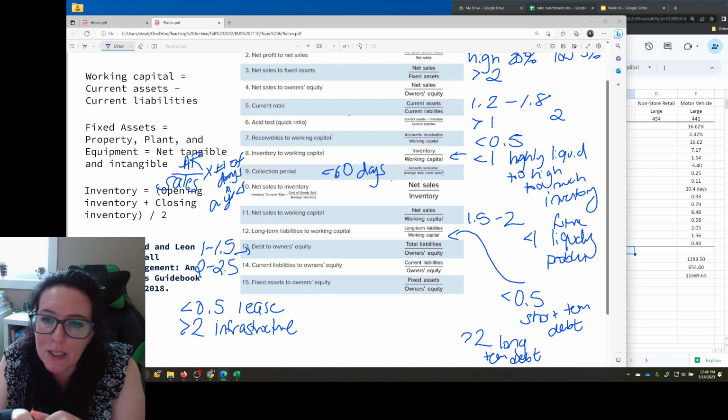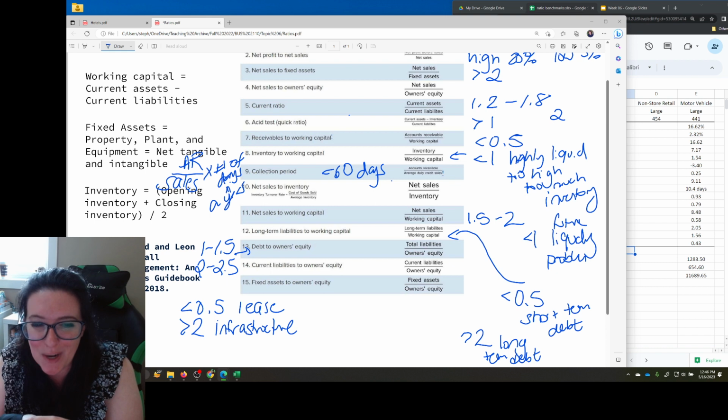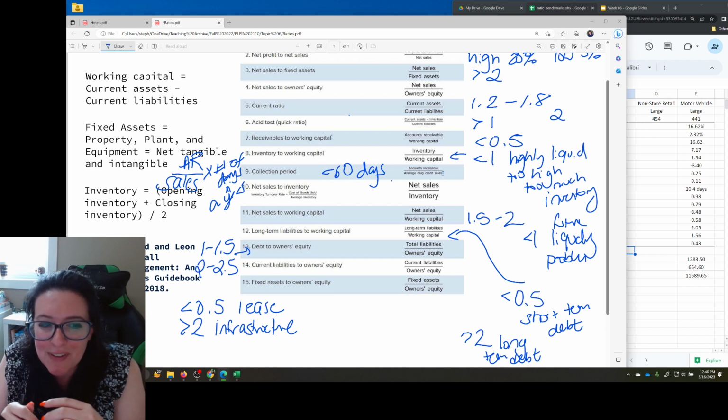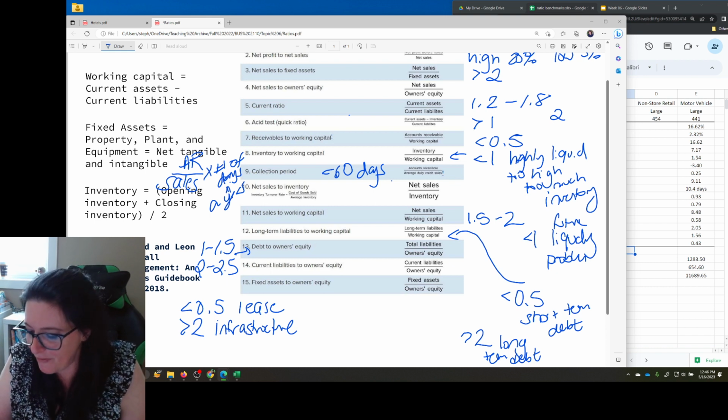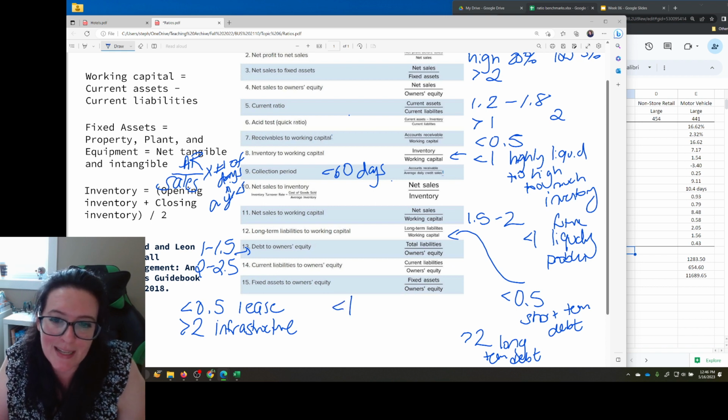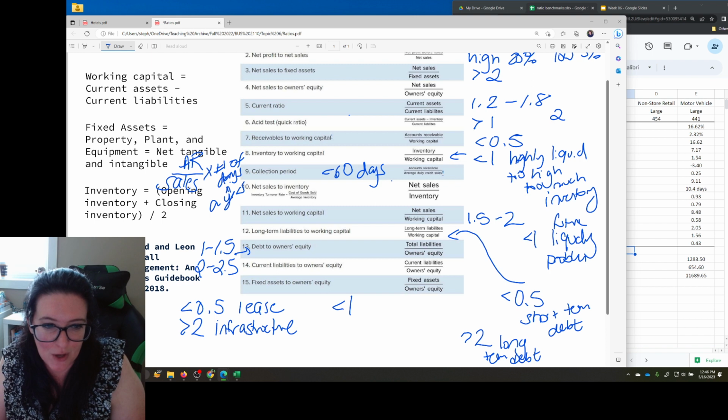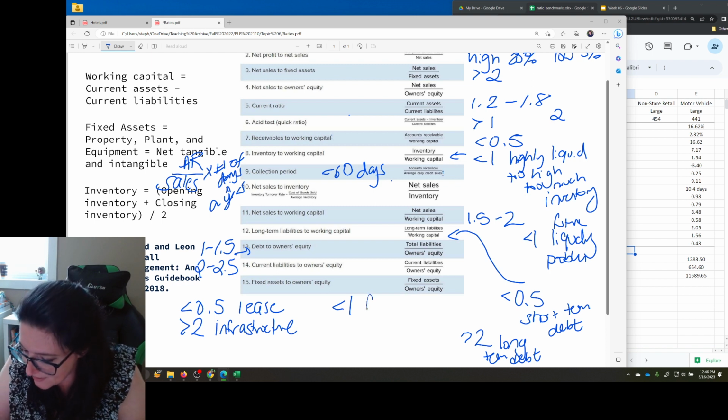Now, the other way we can look at the fixed assets to owner's equity is from the investor's perspective, those who are putting in the equity. If you have a fixed asset to owner's equity that's less than 1, then what that means is all that equipment or infrastructure is being financed by your stockholders.